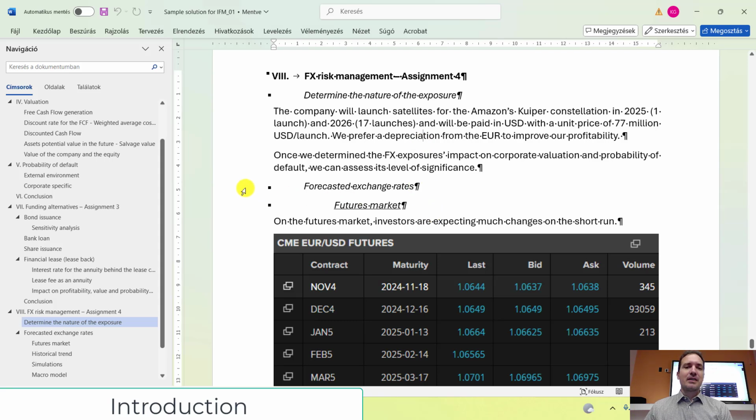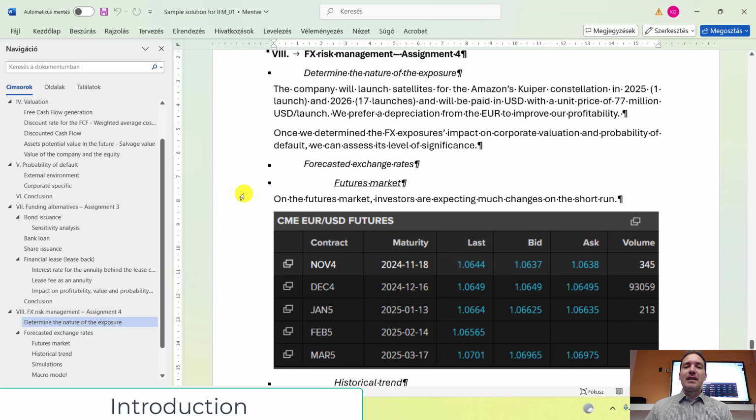But we are more precise, so we are trying to create forecasts for the next 5 years ahead. And our preference is depreciation because only our revenues are real. Actually, it's my revenues because I'm just using legacy components or close to legacy components, so I don't have expenditures in US dollars, I have only one in euros.